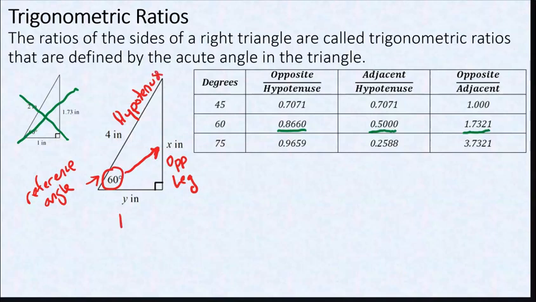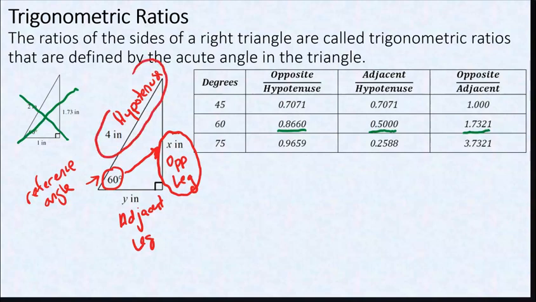Then I have the adjacent leg here. Well, if I'm looking for this angle, the opposite leg, and I have the hypotenuse, I can go to this table at 60 degrees and use this decimal.